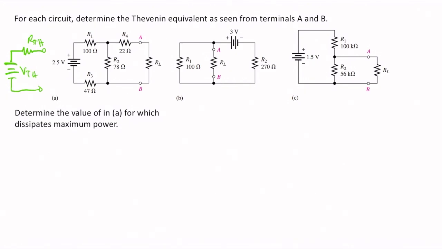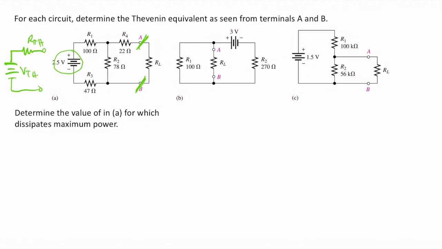To solve for VTH, we don't involve RL, so we remove RL from this figure and then solve for VTH, which is just the voltage across A and B. And then to solve for RTH, we replace the source voltage with a short, or with a wire, and obtain the equivalent resistance as seen across terminals A and B.